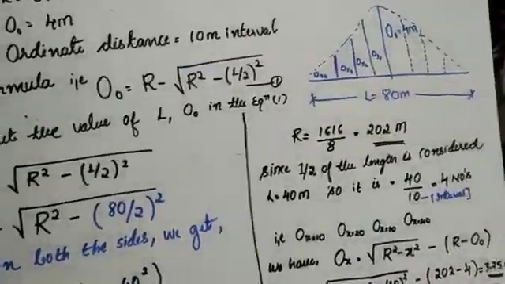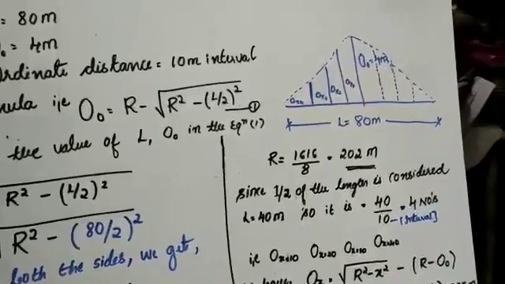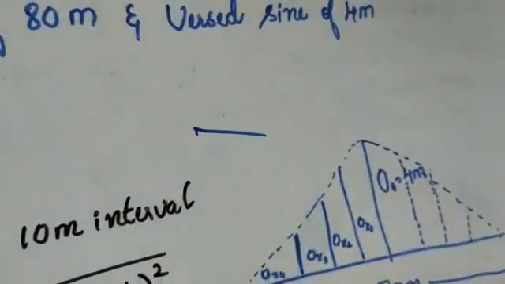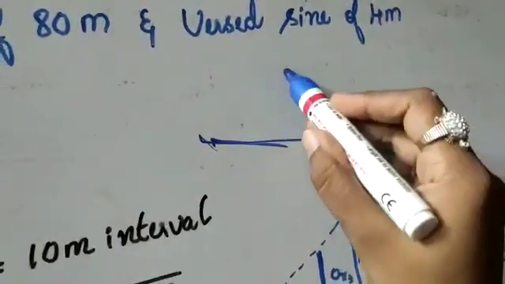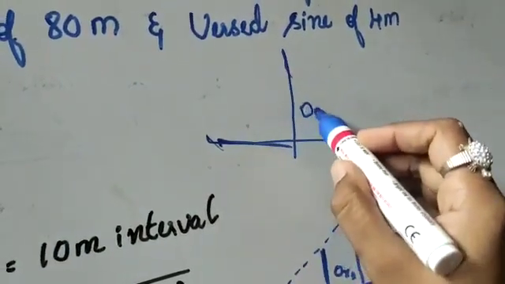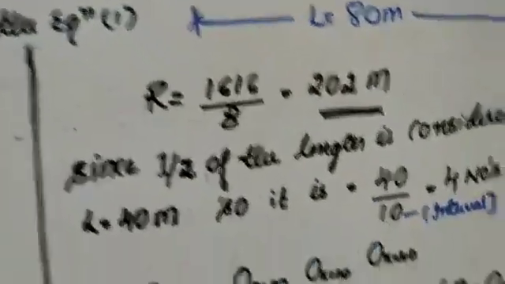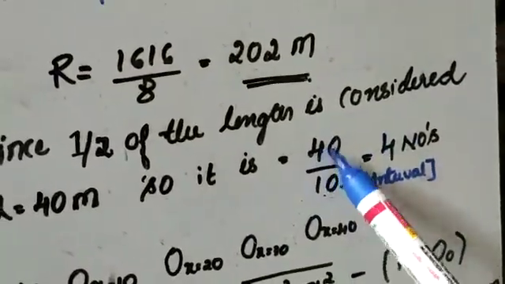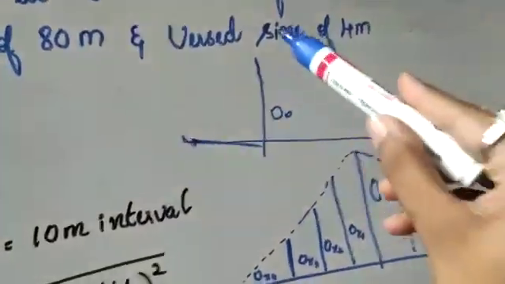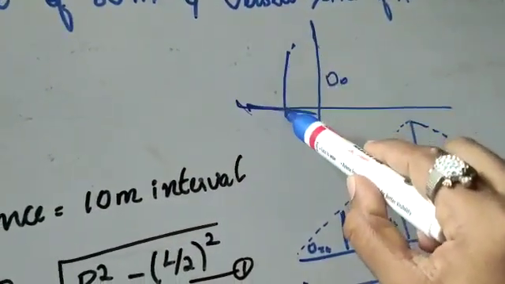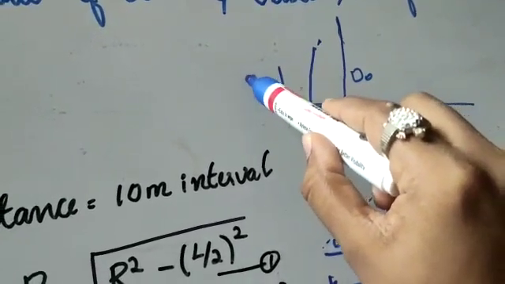So initially you start the diagram like this, one line with the middle ordinate, because O naught will be given. After getting the half of the length divided by intervals, you got here 4 numbers, right? So here it will come as OX1, OX2, OX3.